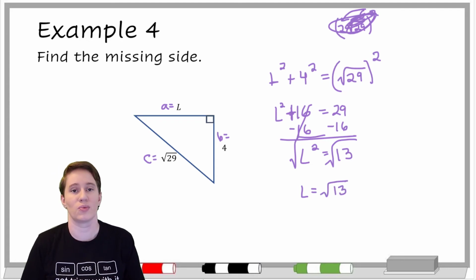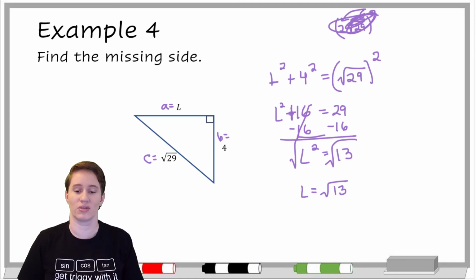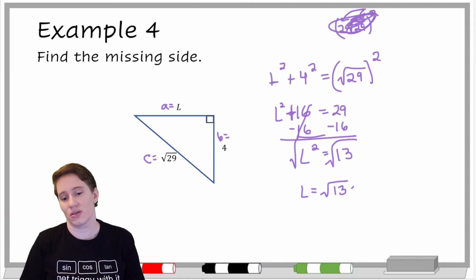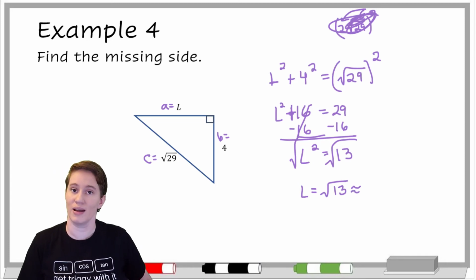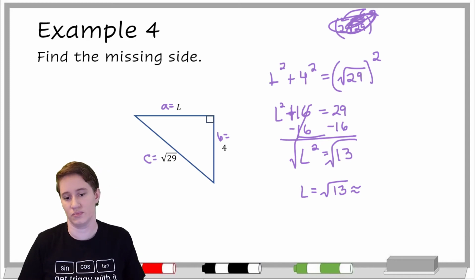So if we are wanting the most simplified radical possible, that is square root of 13. The decimal answer we would get by plugging into our calculator, square root of 13, is 3.61. So that is our side length.